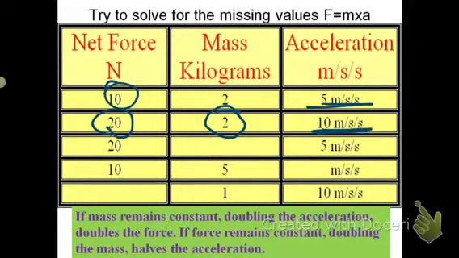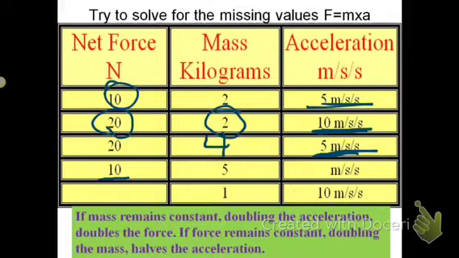Okay? So now this one's a little bit different. It's giving us the force. We're missing a mass. It gives us acceleration. Our acceleration is 5. Our net force is 20. So 5 times what equals 20? We doubled our force. Our acceleration is the same as our first one, so that means we have to double our kilograms. 5 times 4 equals 20. Okay?